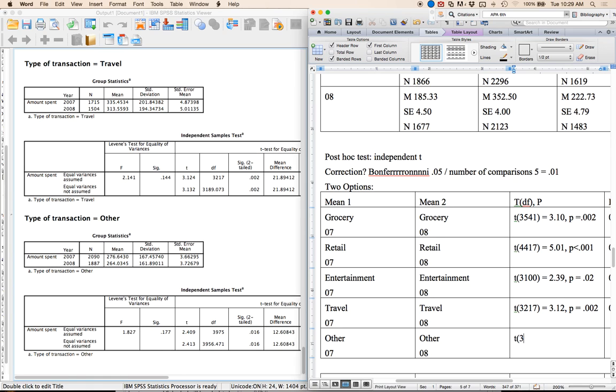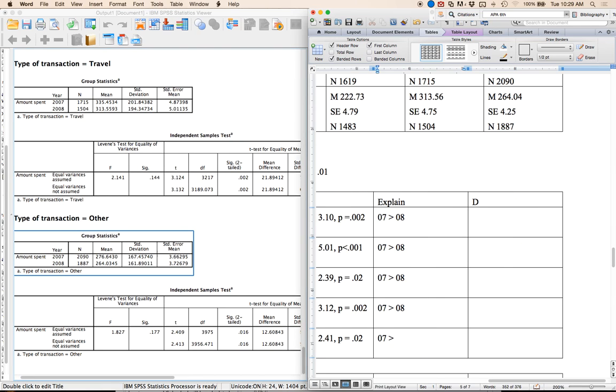The last one, t(3975) equals 2.41, and p equals 0.02 again, if I round up. And for my means, by just like $12, I spent more in 07 than 08.